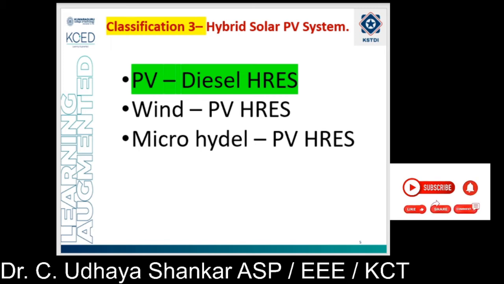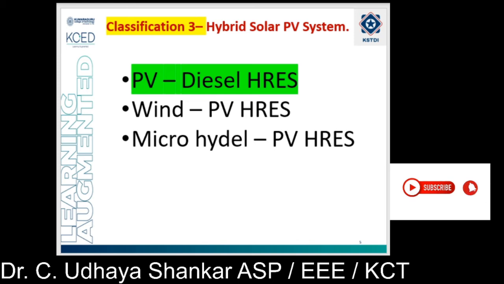There are many remote locations, forests and mountains, where the grid is not available. And if you expect only the PV to supply the load, then the sizing of the PV should be very, very high, and the PV will not be used in a very efficient way. In order to avoid that, the diesel HRES is incorporated with the PV.